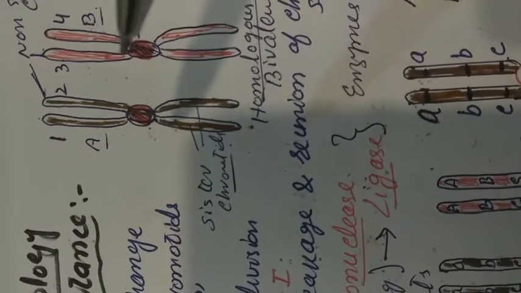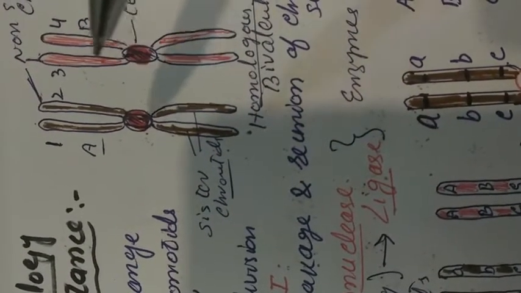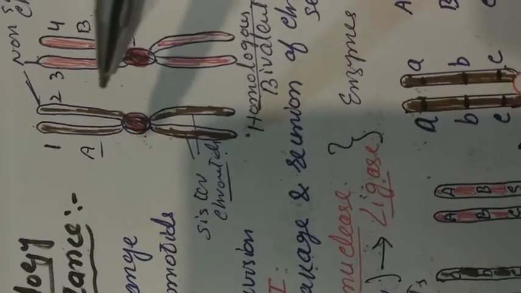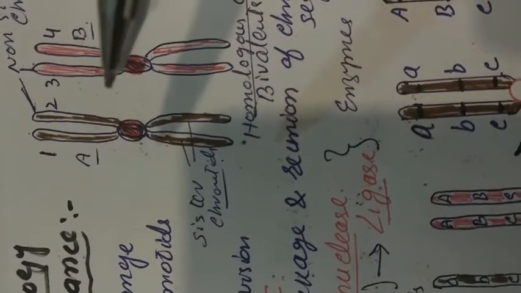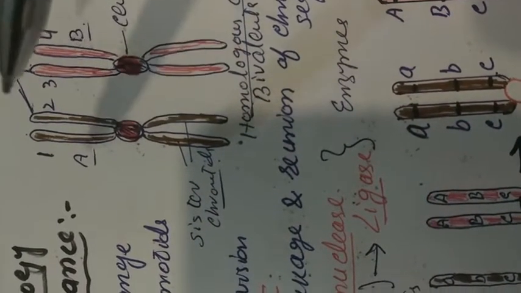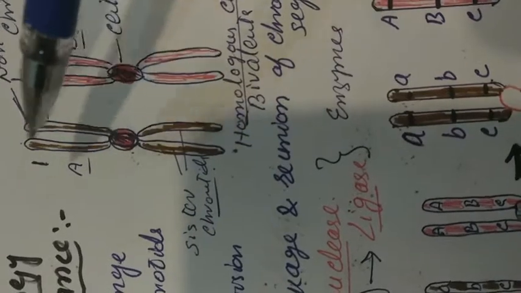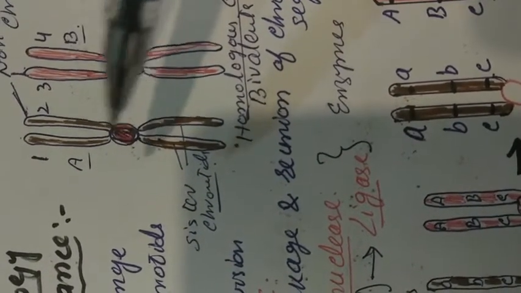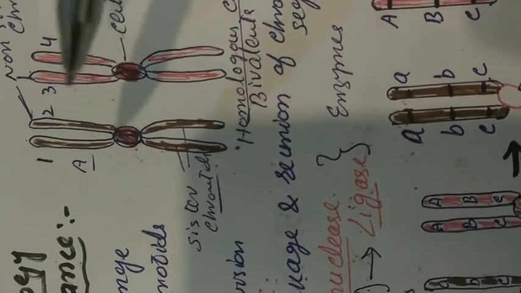So during this pairing, these are called bivalents or tetrads, because in a tetrad or a bivalent there are two homologous chromosomes and each chromosome has two chromatids, and in total a bivalent has 4 chromatids.